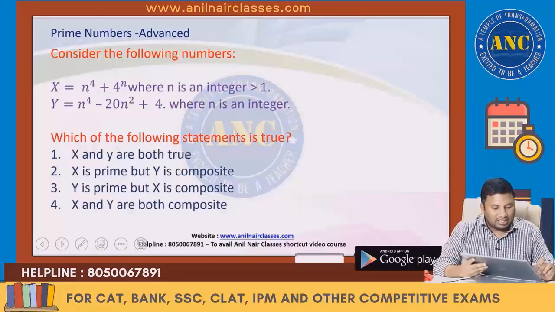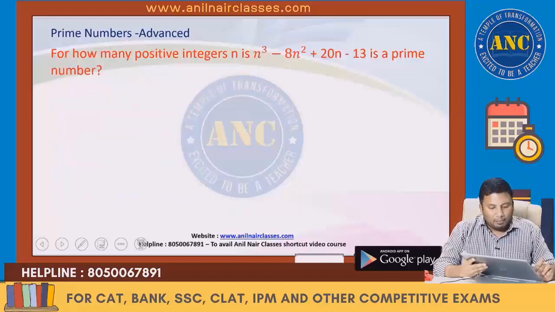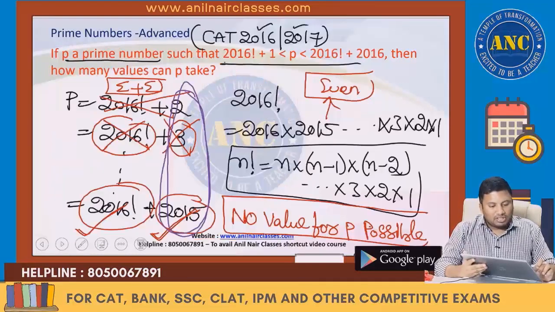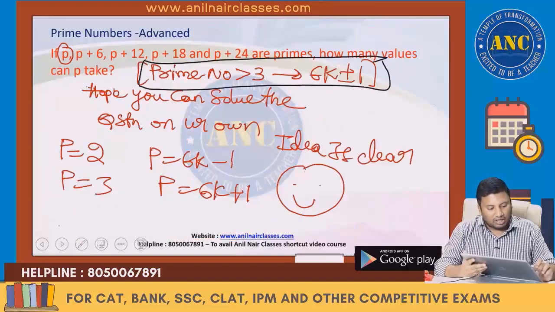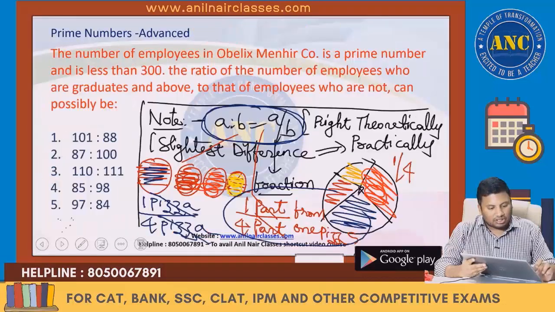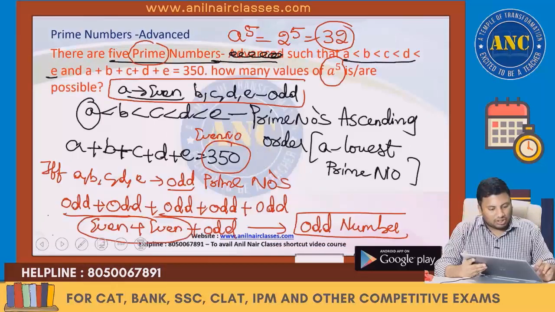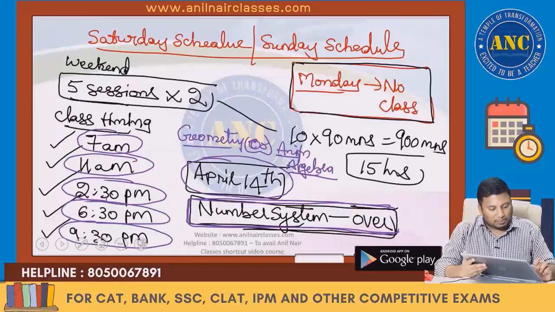How to check which values of n will make a cubic expression prime? Please look at the screen, which all kinds of questions that we have solved. All these questions are basic questions, absolutely conceptual questions.